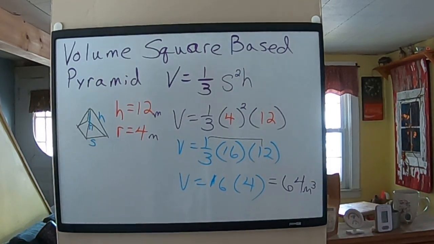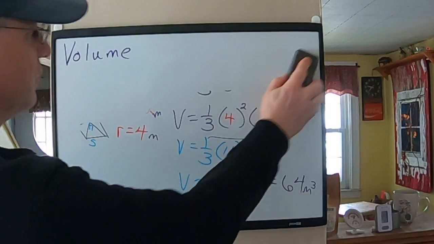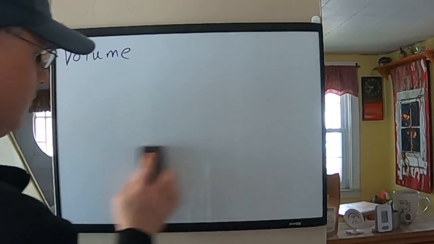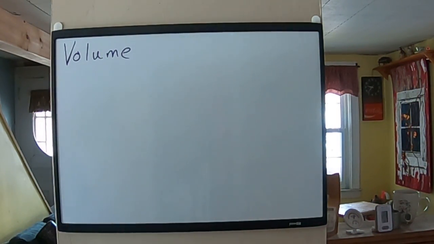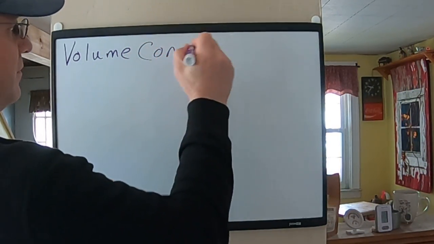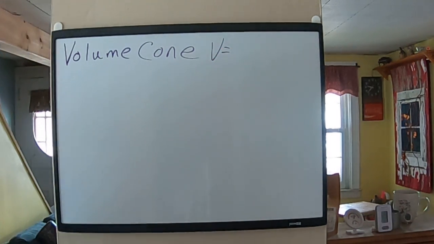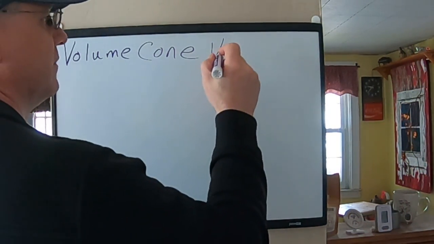Our next type of shape is a cone. So we're going to do volume of a cone. And volume of a cone, volume equals 1/3 pi r squared h.